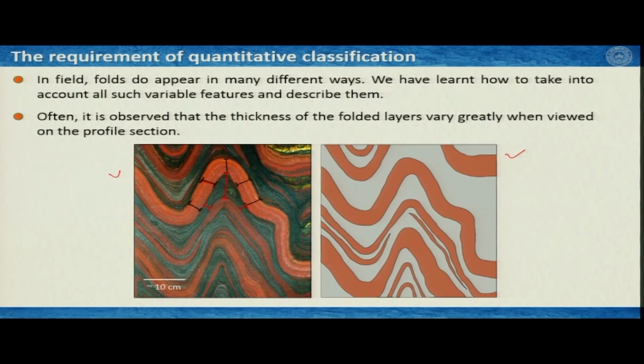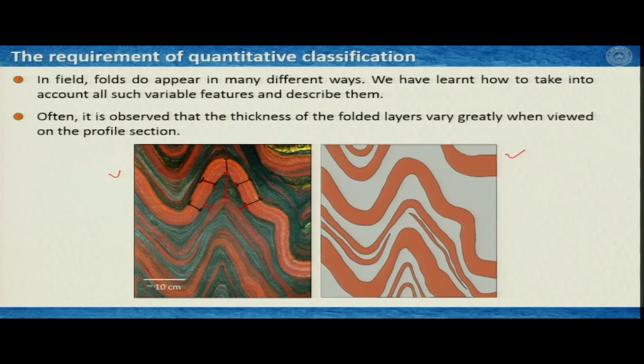This is something we need to consider, because in some layers, as seen in this image, it is not possible to measure the thickness, since the thickness is not constant.